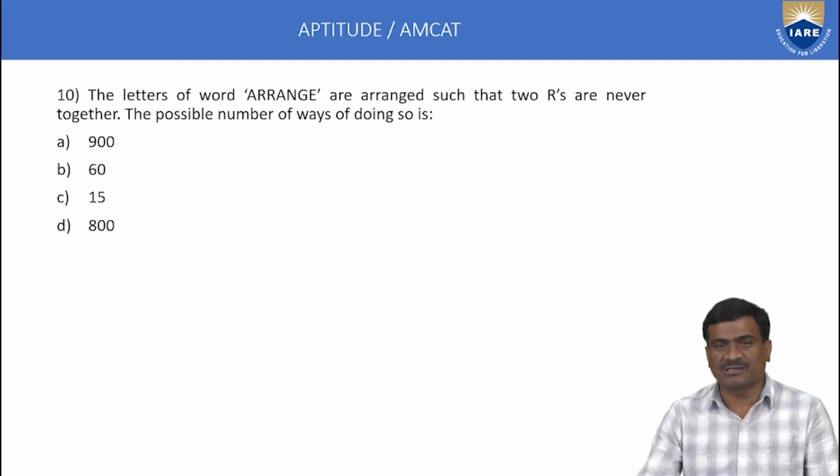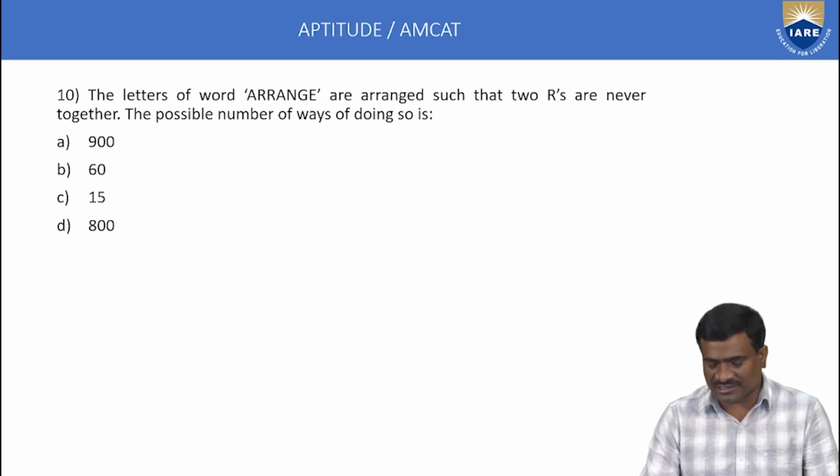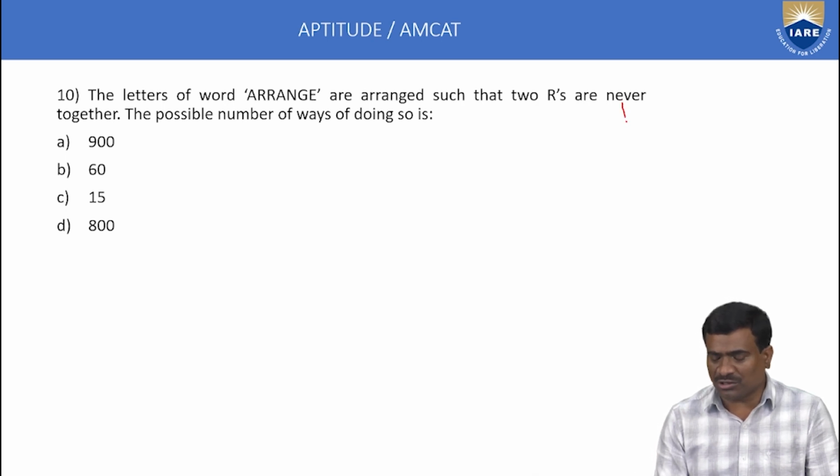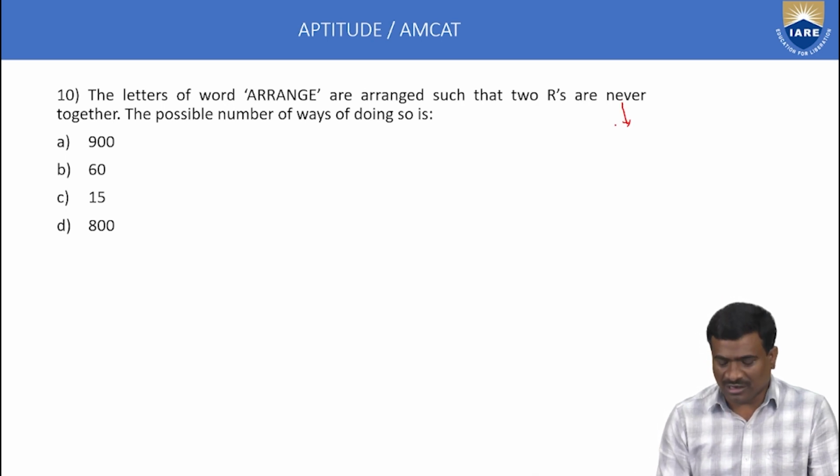Next, 10th example. The letters of the word ARRANGE are arranged such that two R's are never together. The possible number of ways of doing so is. Never together means do not come together. Never together, or do not come together, is equal to total number of arrangements minus come together.